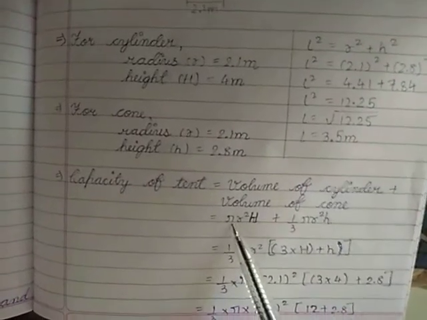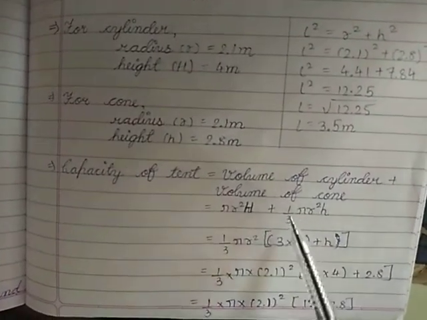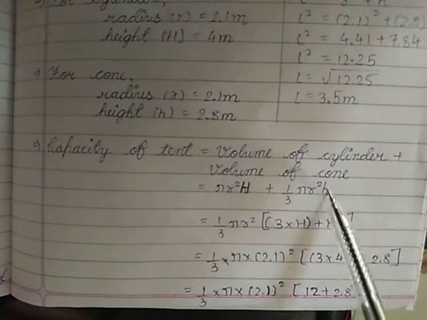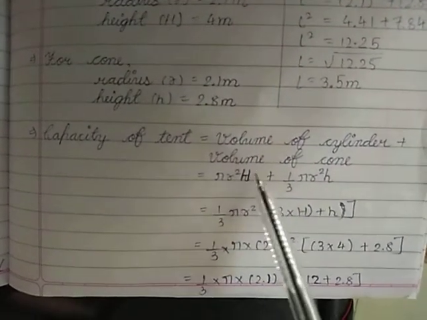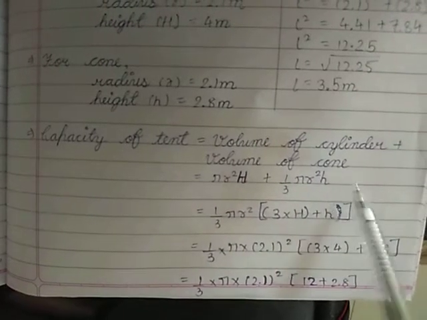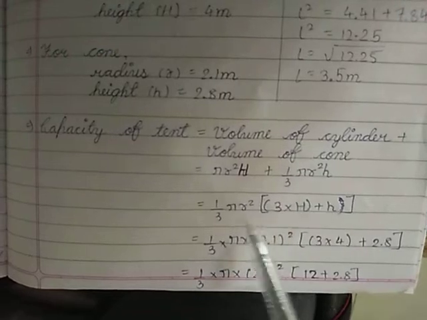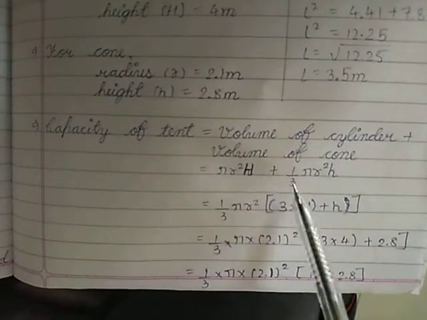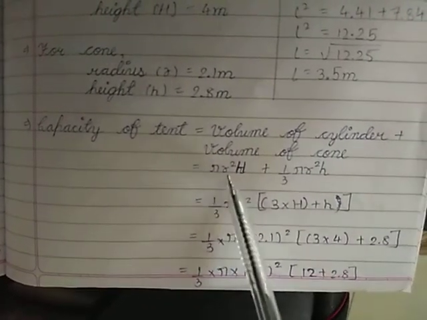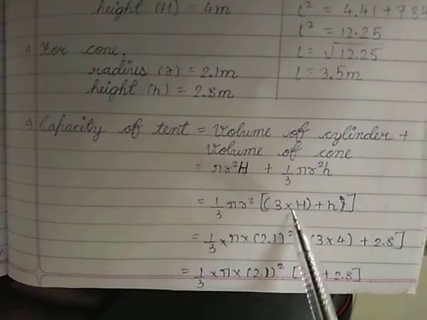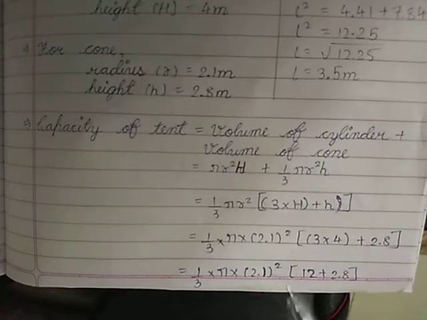So pi r square h and 1 by 3 pi r square h for the cone. Here the heights are different, therefore one is capital H, one is small h. If you take 1 by 3 pi r square common, then you will get 3H here, taking LCM, so 3H plus small h.